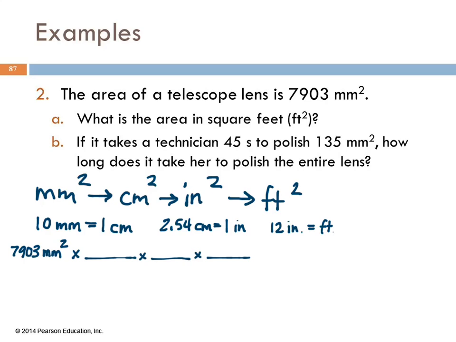So millimeters squared to centimeters squared to inches squared. Oops. That's what happens when you're zoomed in. You can't see. Started in the wrong place.